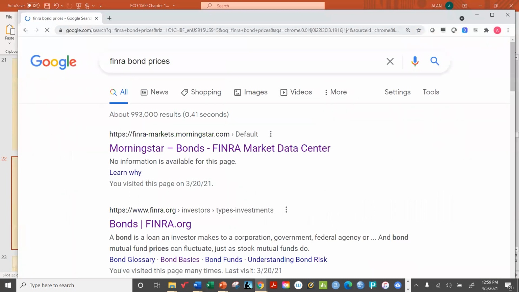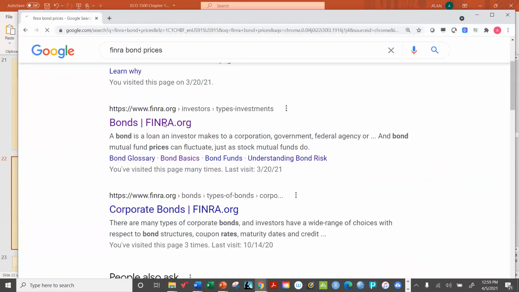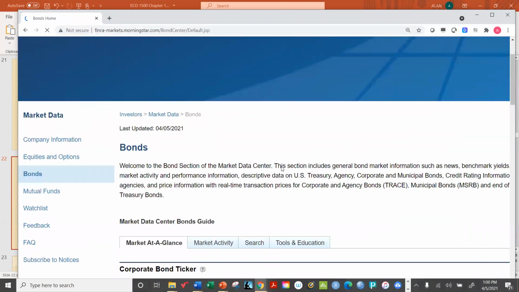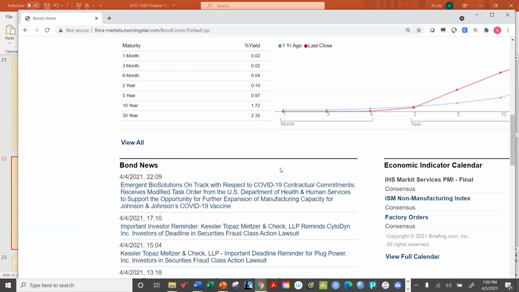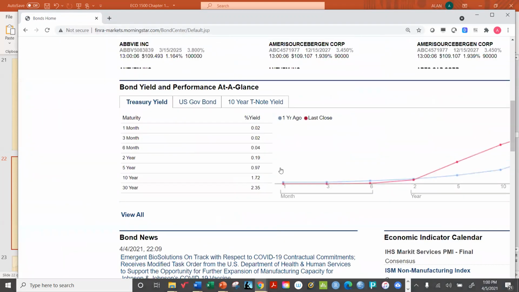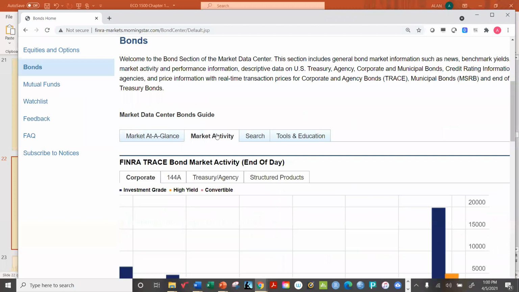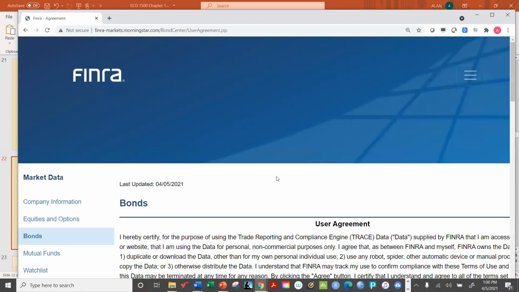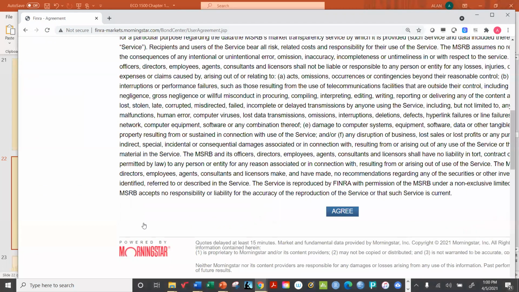Let's just go back and quickly revisit it. I just want to quickly look at a few cases, and let's look at some of the details that are listed. Let's try Apple, because we love Apple. Market activity, search. Apple. I hope it knows what that means.